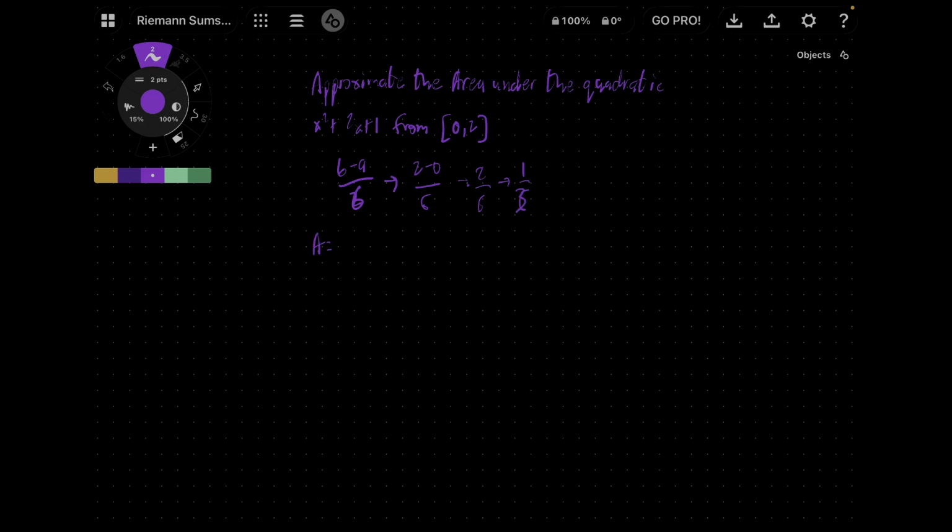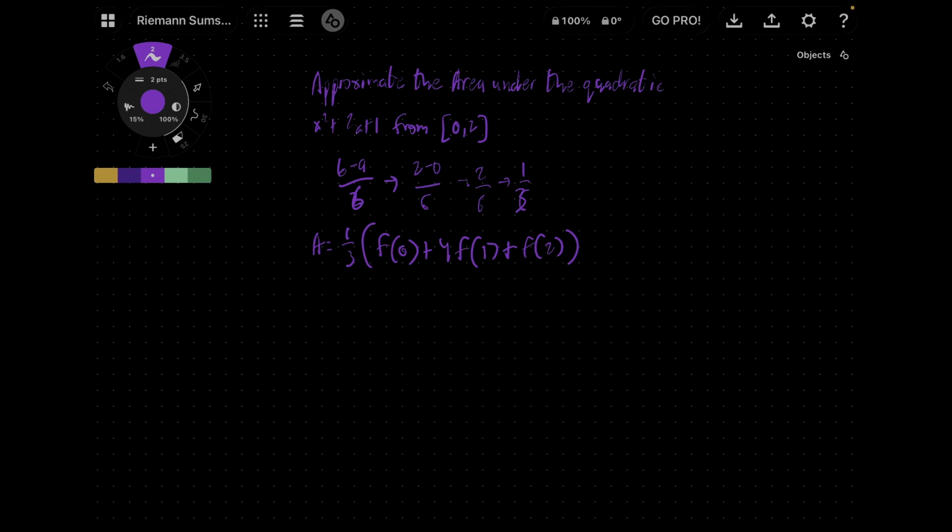The area is approximately equal to, in this case, since we're using a quadratic, 1/3 multiplied by f of 0, since it's the first endpoint, then plus 4 multiplied by f of the midpoint, which is 1, so 4 multiplied by f of 1, and then plus the function evaluated at x equals 2.